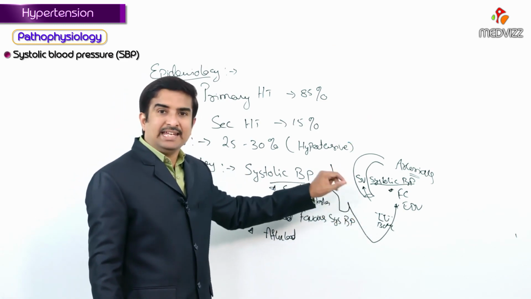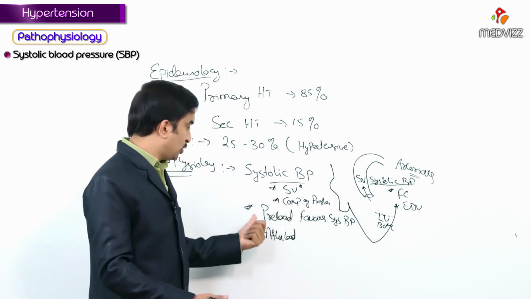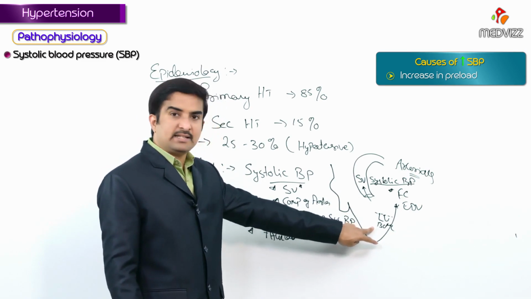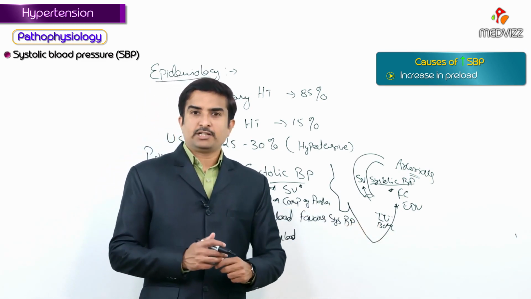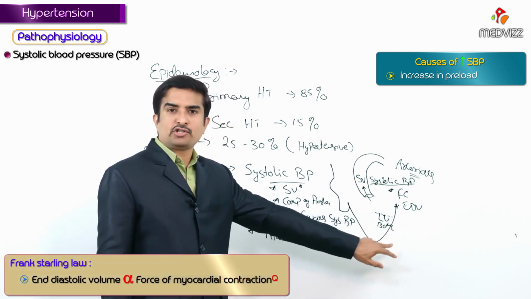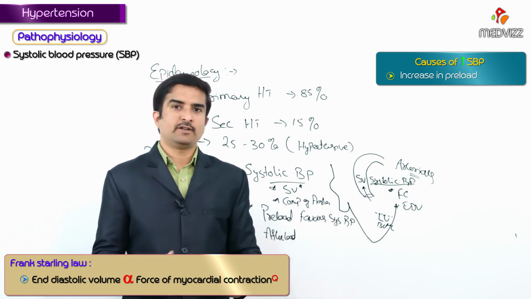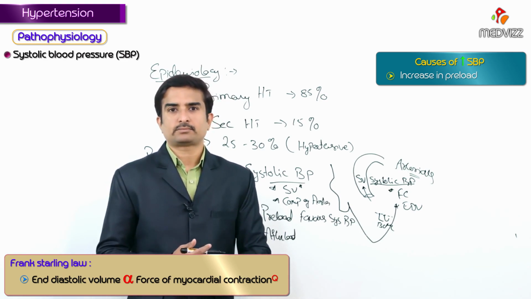So whenever there is an increase in the systolic blood pressure which is caused by an increase in the preload, increase in the preload means increase in the end diastolic volume. You need to remember that end diastolic volume is directly proportional to the force of contraction exerted by the myocardium according to the Frank-Starling law. What is the Frank-Starling law?